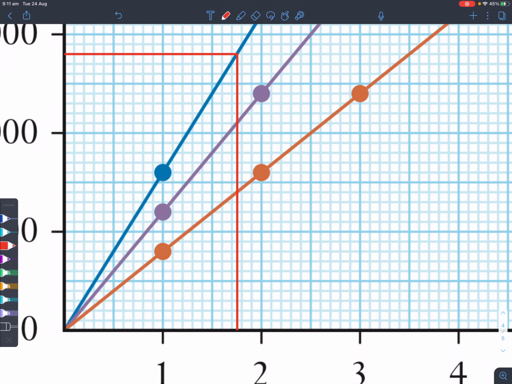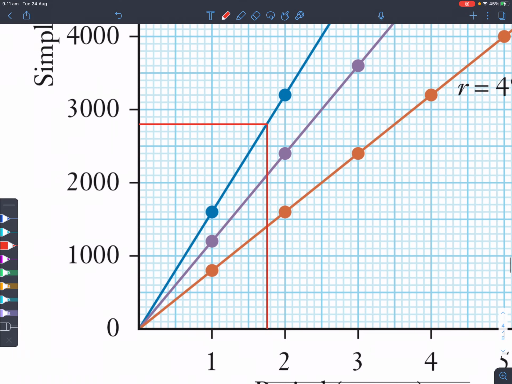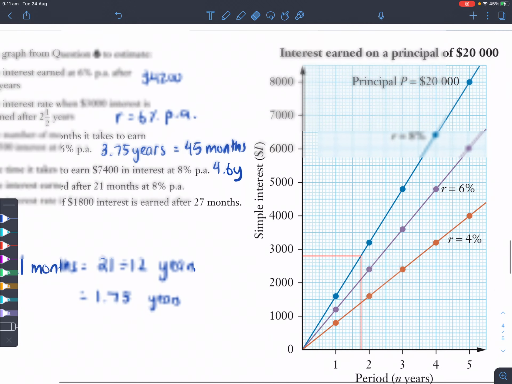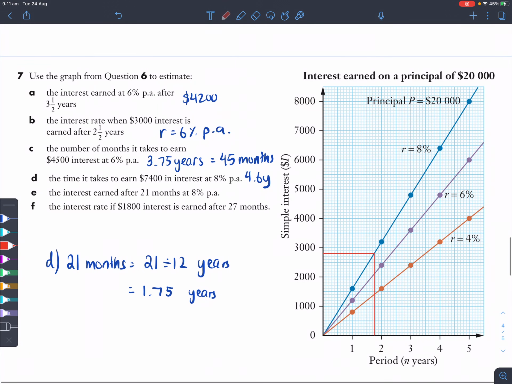What did we get to? It is 2 squares just below 3,000, which means that's $2,800 worth of interest. I'm just going to write that right below here.